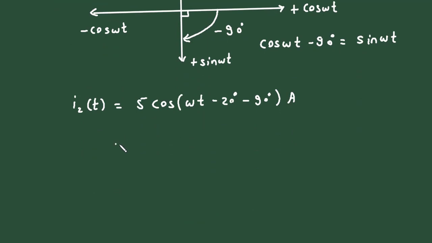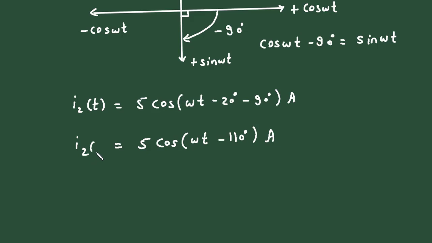Now let's simplify it. So 5 cos omega t, and here this will be minus 20 minus 90 degree, so this will be minus 110 degree ampere.